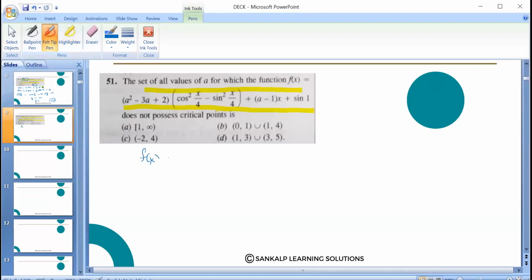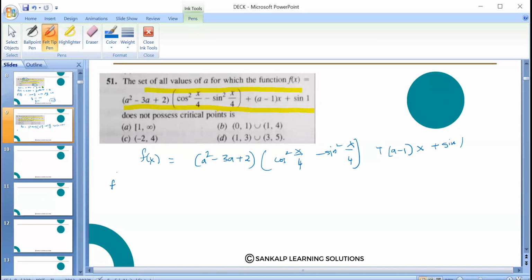For critical points, you'll take the function a square minus 3a plus 2, cos square x by 4 minus sine square x by 4 plus a minus 1 into x plus sine 1.